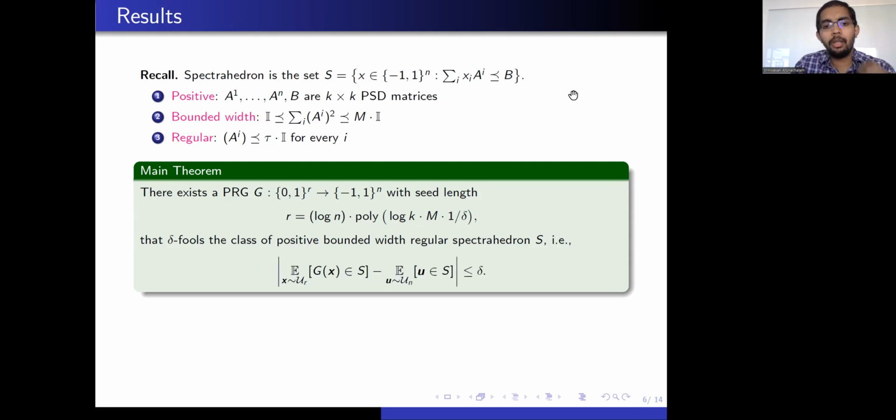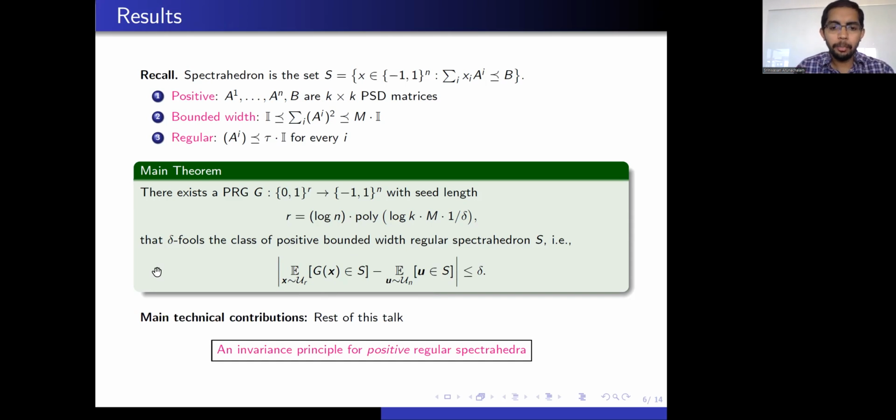In other words, the point is, if you give me a uniformly random bit string or a pseudorandom bit string, deciding whether it lies in S cannot be done with bias greater than delta. So deciding whether G of X is in S or a uniform bit string is in S can be done with bias at most delta. And this is the main result of our work.